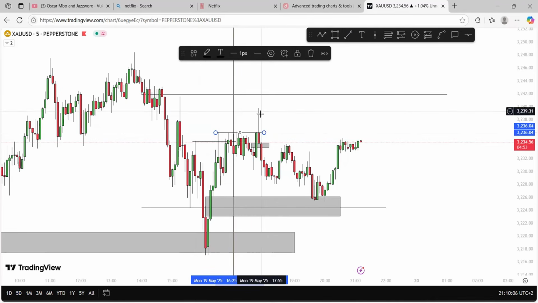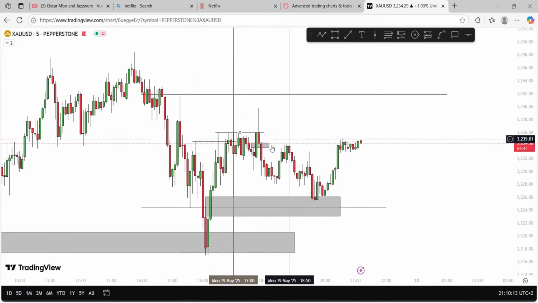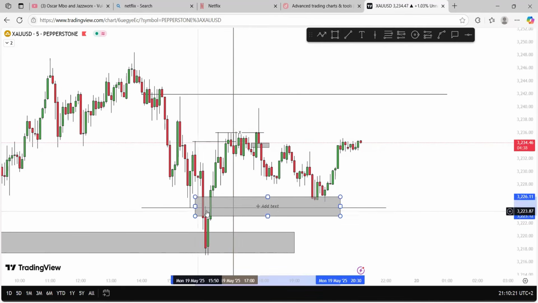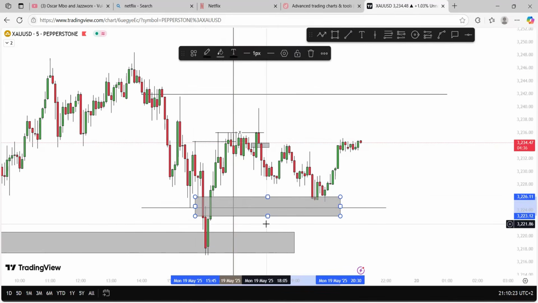The market swept it with a wick, meaning that this is not a break of structure, and you cannot use this fair value gap. As you can see, it became an inversion, went down and tapped inside our first fair value gap, which you can also say is a BPR, balanced price range. We have fair value gap number one over here, then fair value gap number two over here. This one we call a BPR.